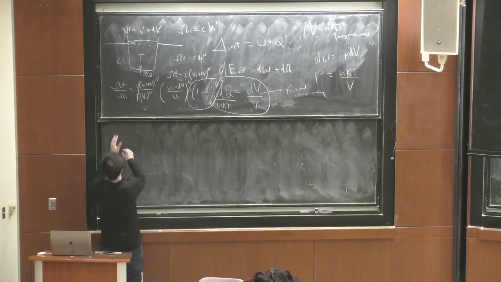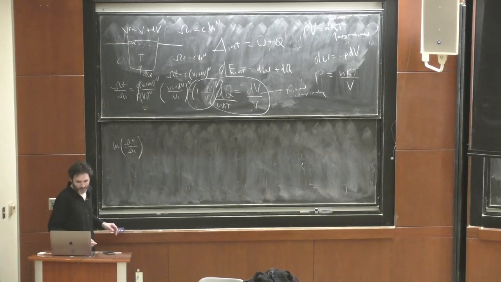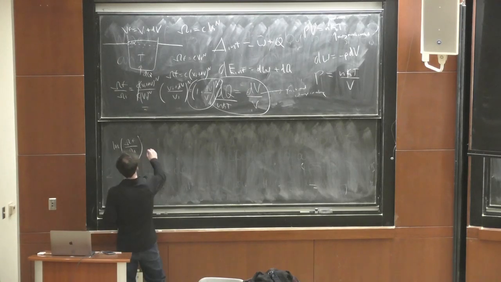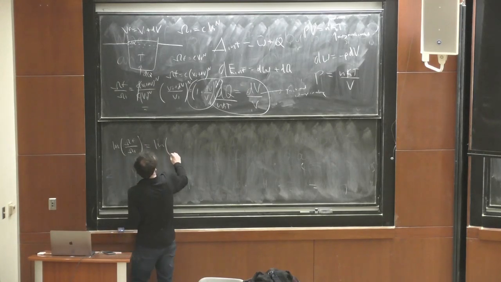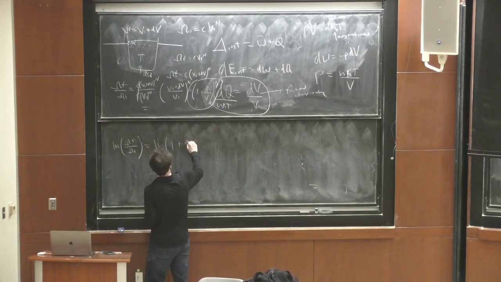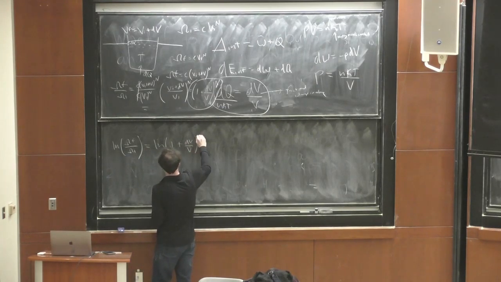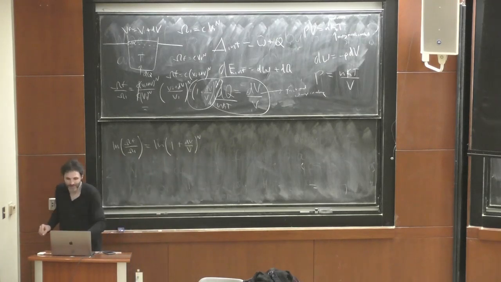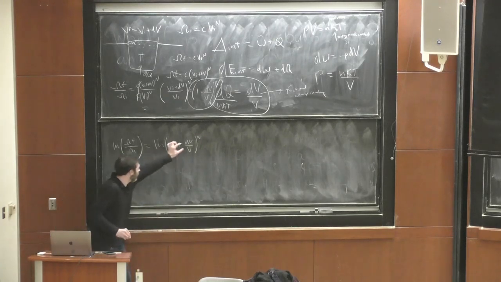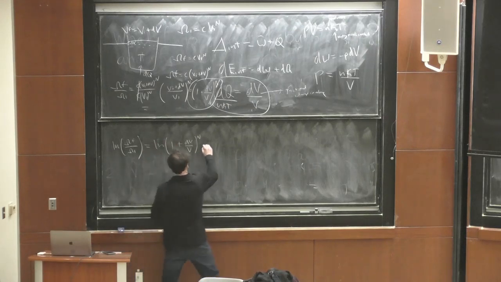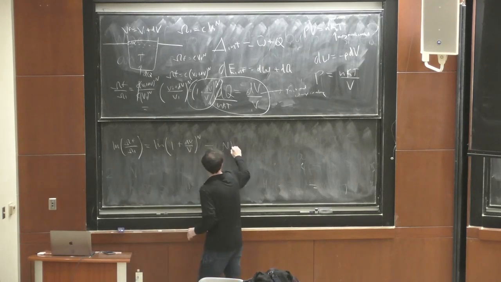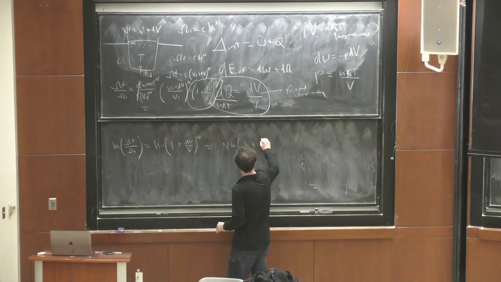So we're going to take the natural log of omega final over omega initial, and that's going to be the natural log of this equals the natural log of 1 plus dV over V to the n. But when we take the natural log of something, the exponents come down out front. So we have n times natural log of what we had in parentheses, 1 plus dV over V. And that's the whole point of natural log.